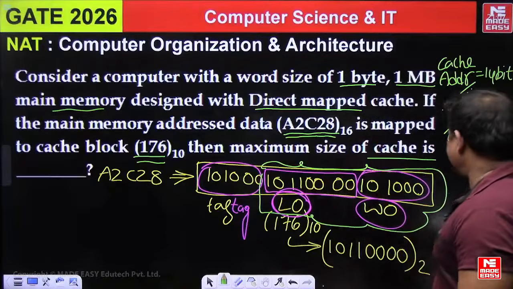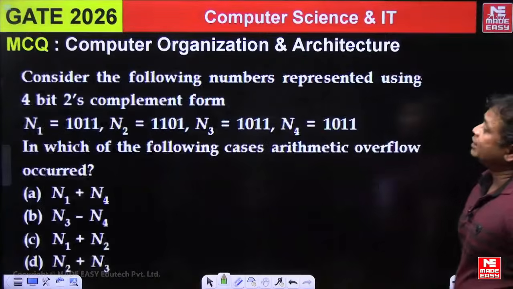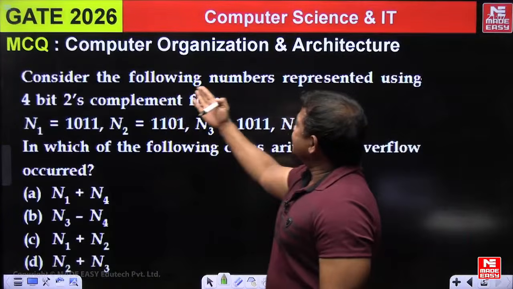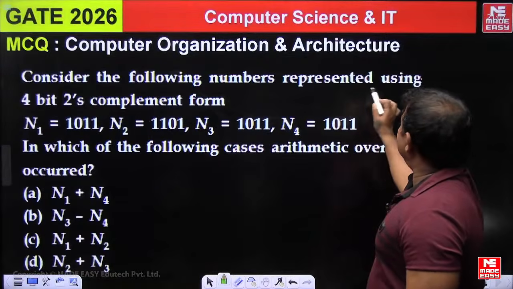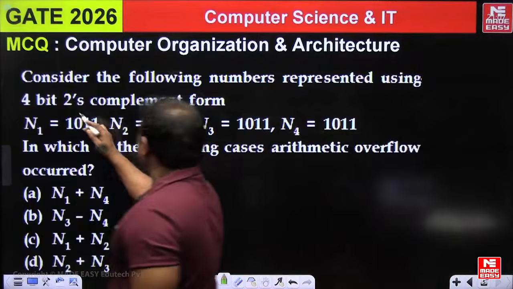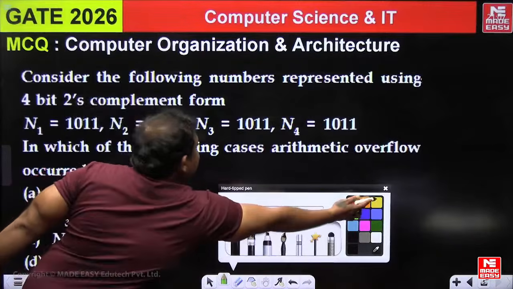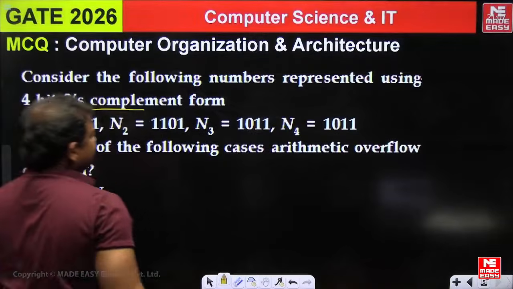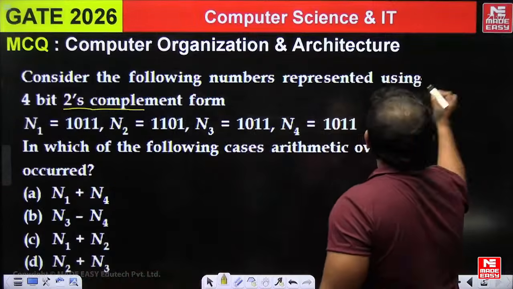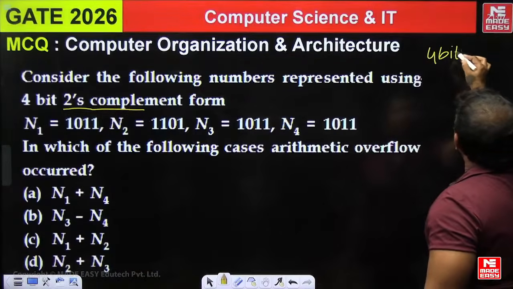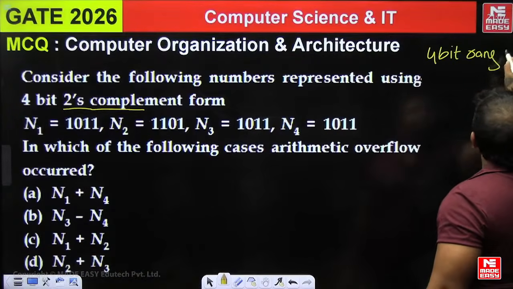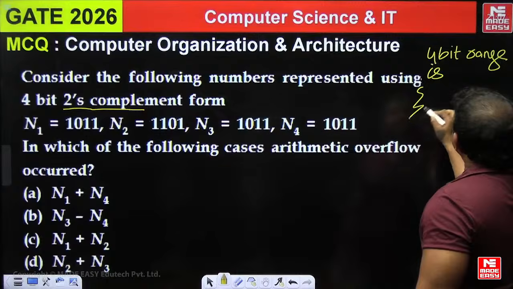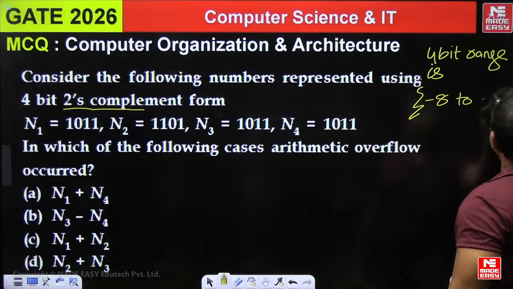Okay students, so the next question we received is: consider the following numbers represented using 4-bit 2's complement format. So here 2's complement is already given, numbers n1, n2. First thing, the 4-bit 2's complement range is -8 to +7.